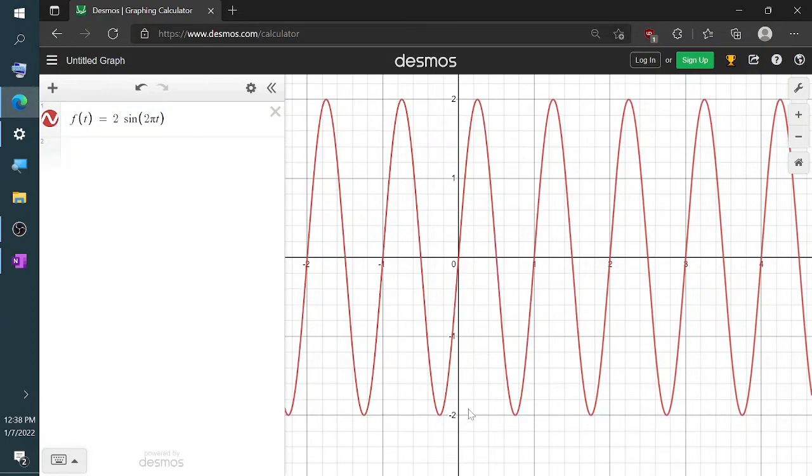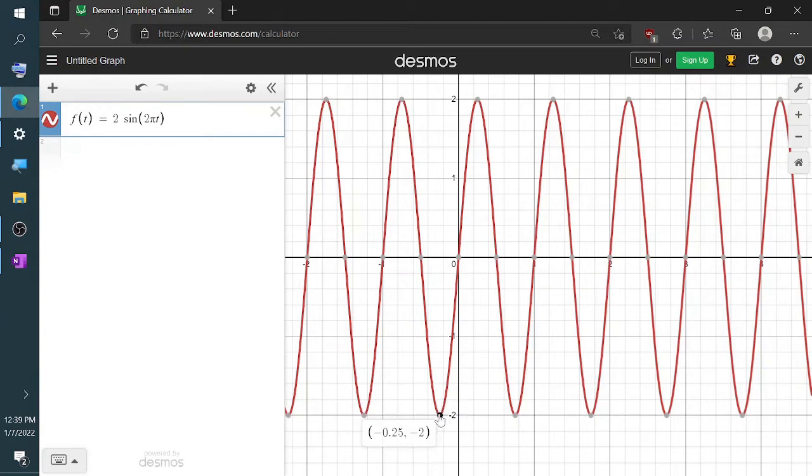So if I wanted to have the object be at the lowest position at time 0, I would have to put a horizontal shift into my function. And there are a couple of different shifts that are possible. One potential shift, for example, is to move this minimum point 1/4 of a unit to the right.